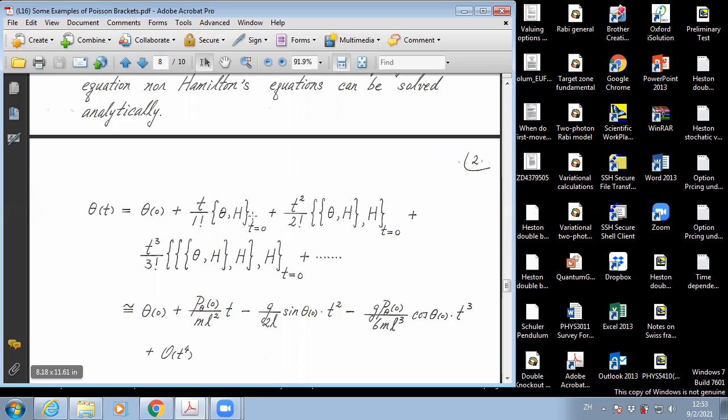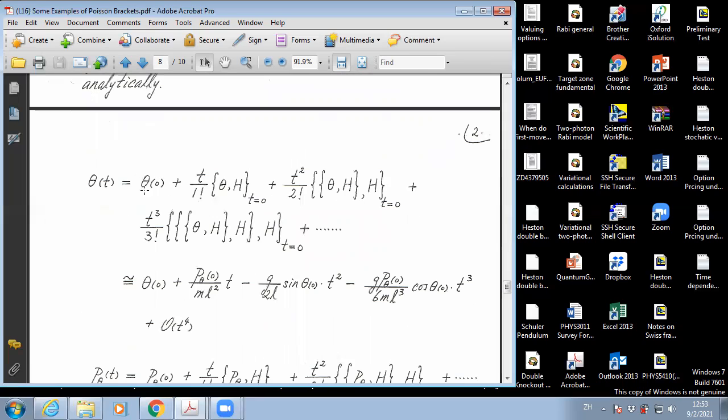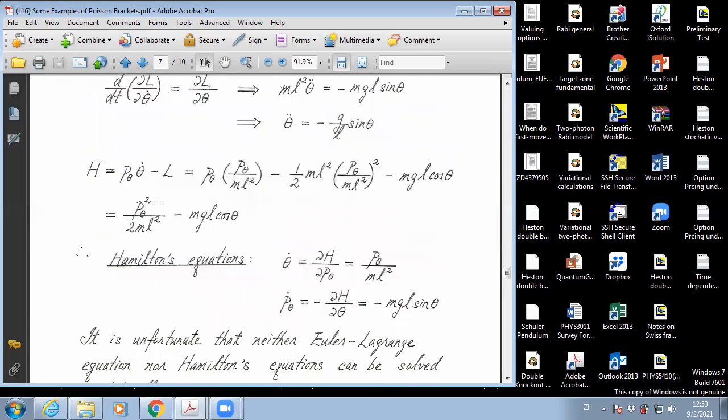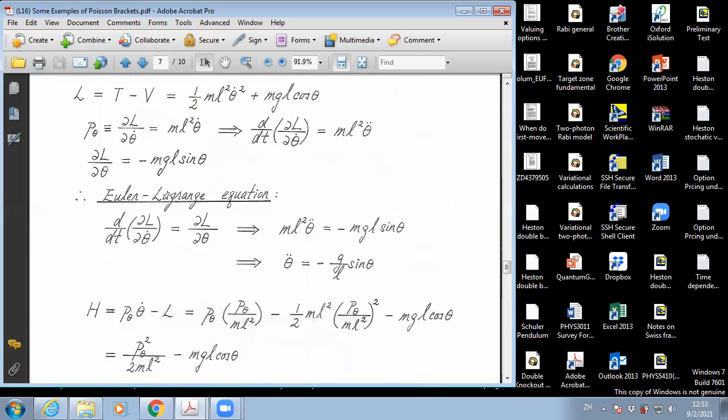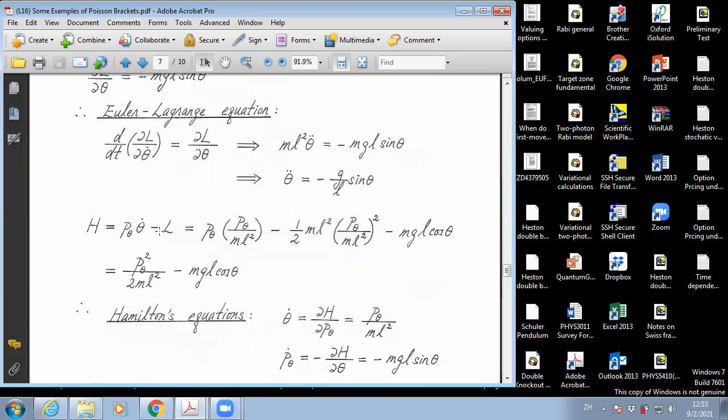So the first order Poisson bracket between theta and H, what will we get? Theta and p theta, right? Remember that theta is the generalized coordinate and p theta is the generalized momentum.